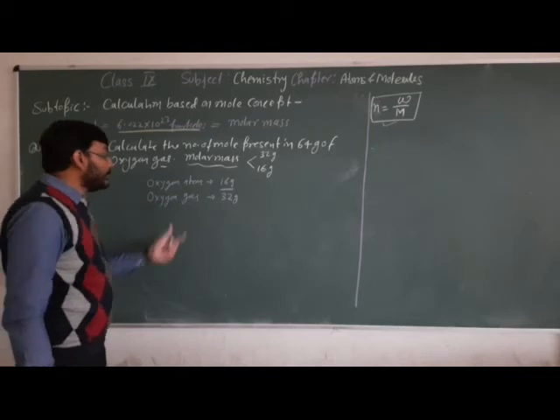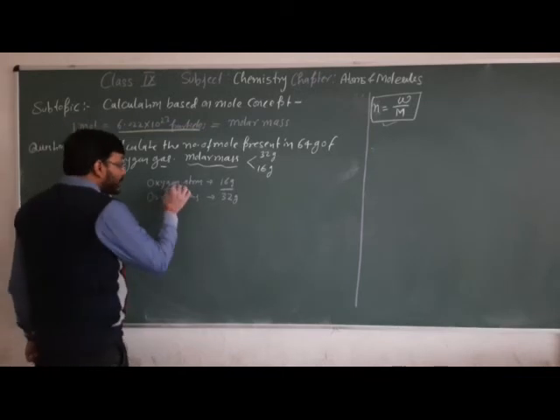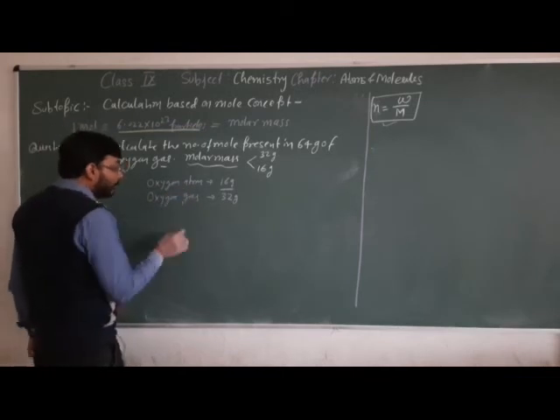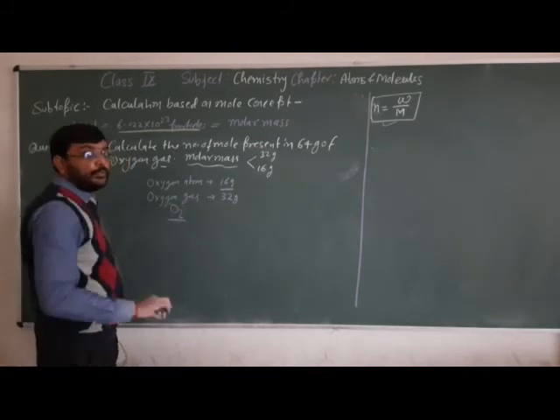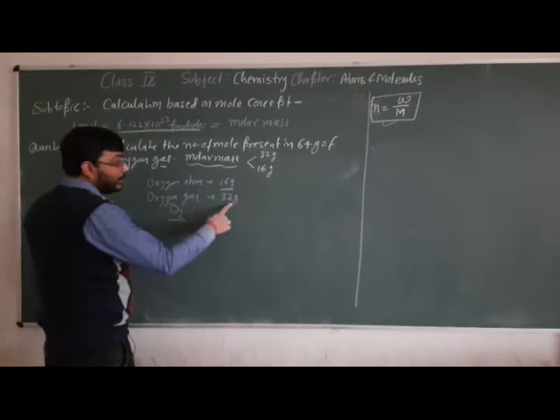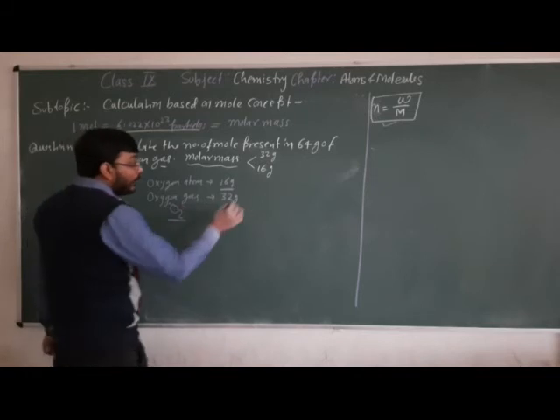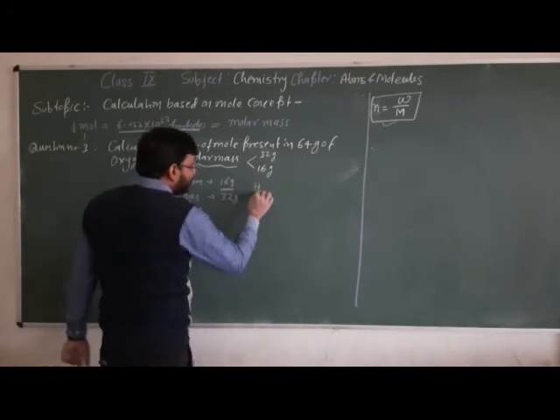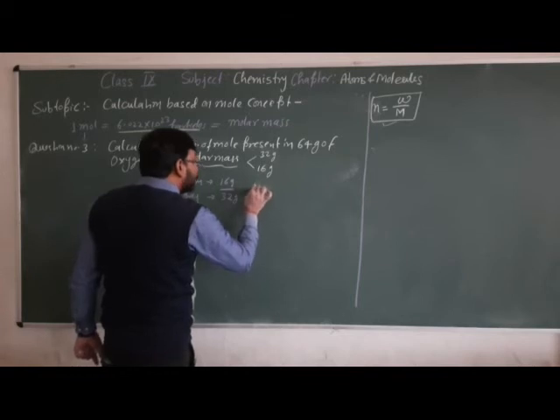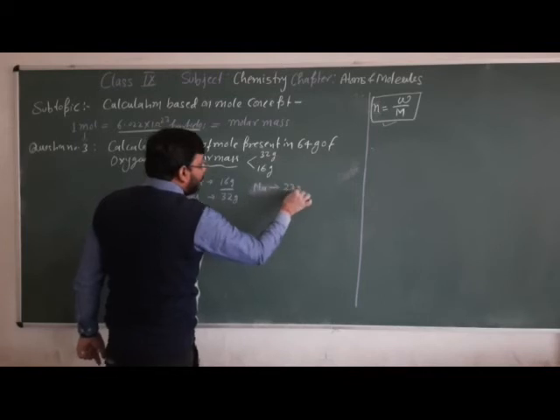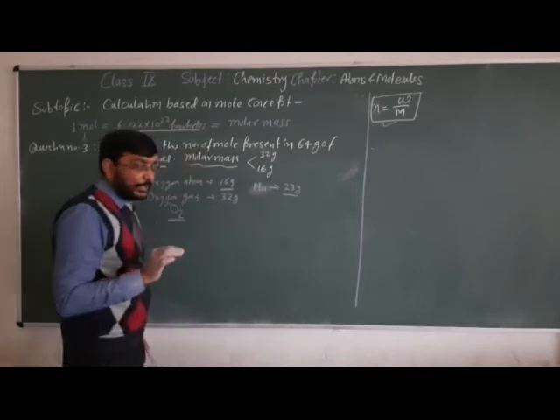In oxygen gas, oxygen atoms exist as a diatomic molecule, O2 form, so 16 plus 16, 32 gram. Is it clear? For example, sodium atom molar mass is 23 gram. Always you take that; there is no confusion.